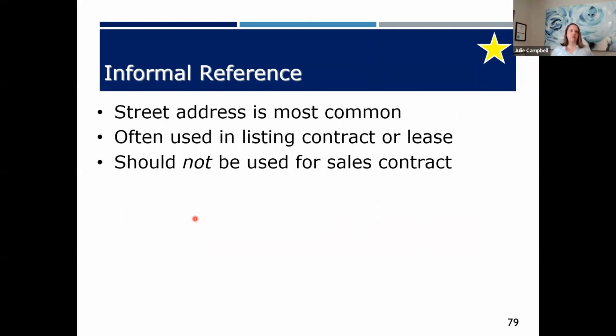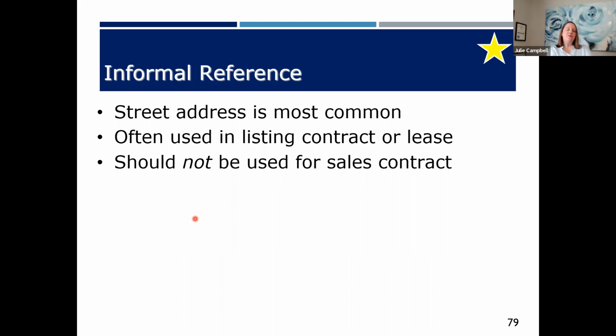You guys live in an area where they've recently renamed some streets. When you get out to rural areas, you may have a street address and then a mailing address. You may have 2 separate informal references. So it's just not the best method. That's what we mean by an informal reference. It's not the best method to identify the property.